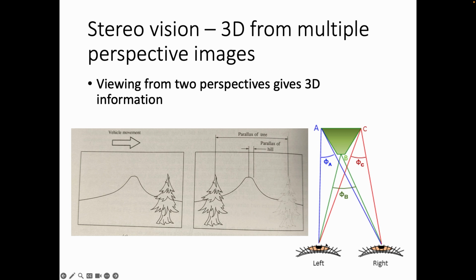And so if you view an object from one direction and then you view it again from another direction, it will appear to have moved. And this is, of course, how our eyes work.